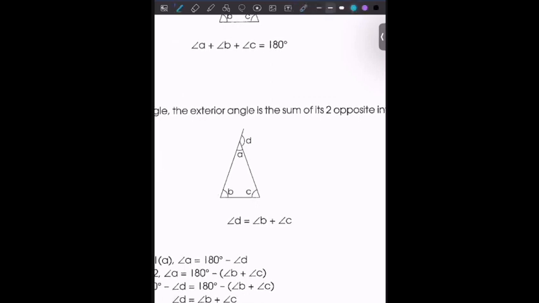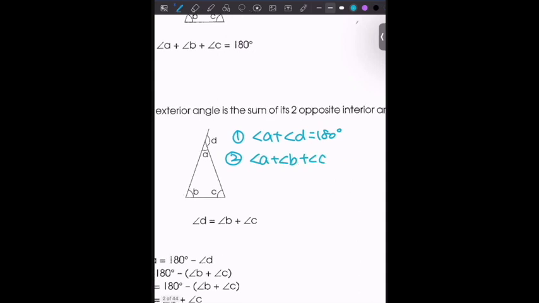So we know that 1, angle A plus angle D is equal to 180. And 2, we know that angle A plus angle B plus angle C equals 180 degrees.